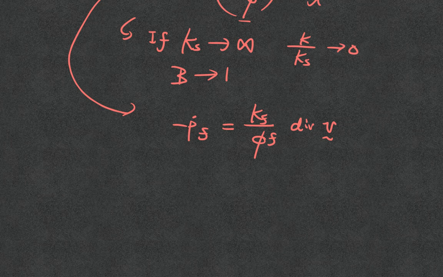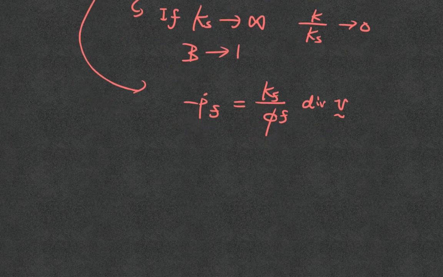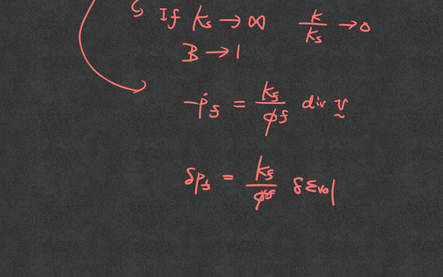Okay, but the conclusion here is actually very simple. If I change the pressure a little bit, then I would actually have to change the volume of the fluid. Okay, that is a given. Does that make sense?